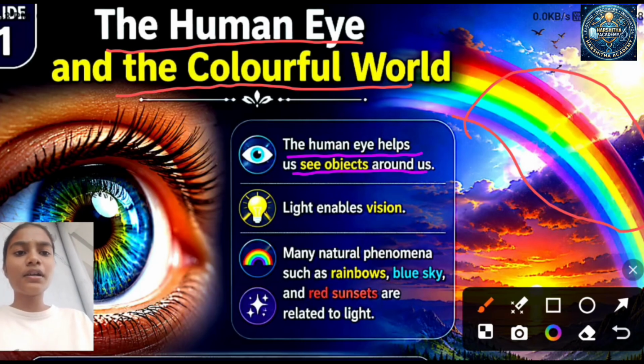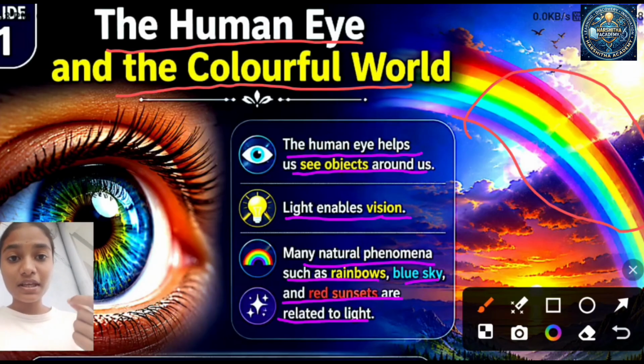Light enables vision, which means without light we cannot see any objects. Many natural phenomena such as rainbows, blue sky and red sunsets are related to this. These are all covered in this chapter.